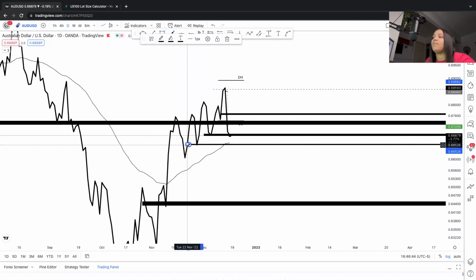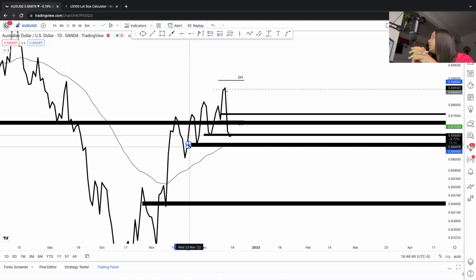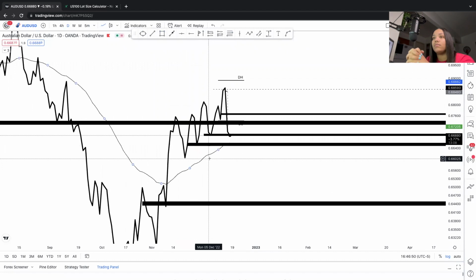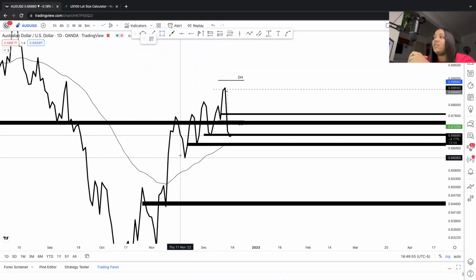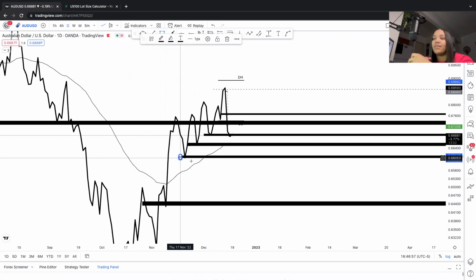This is on the daily time frame, and it's the most accurate because it's a higher time frame. Y'all gotta pay attention to the higher time frames. If price breaks this level, you can expect price to come here, and if it breaks this level, you can expect price to come down to this level.